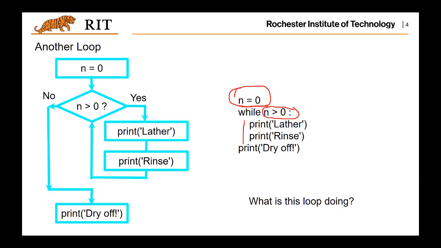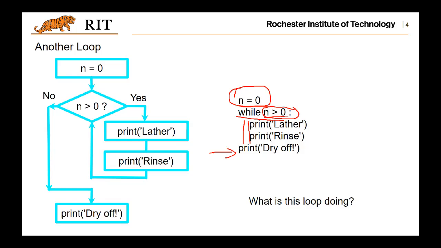So at the very beginning, this condition is not satisfied, meaning these two lines of code are never executed. Once this is not satisfied, it goes to this line directly and does nothing. This loop is not a real loop; it's not executed.